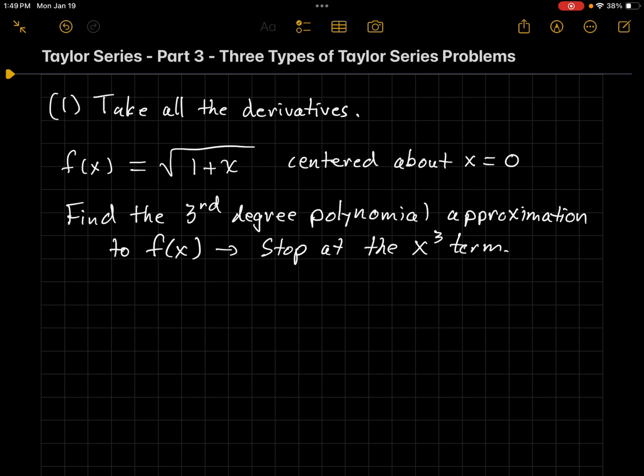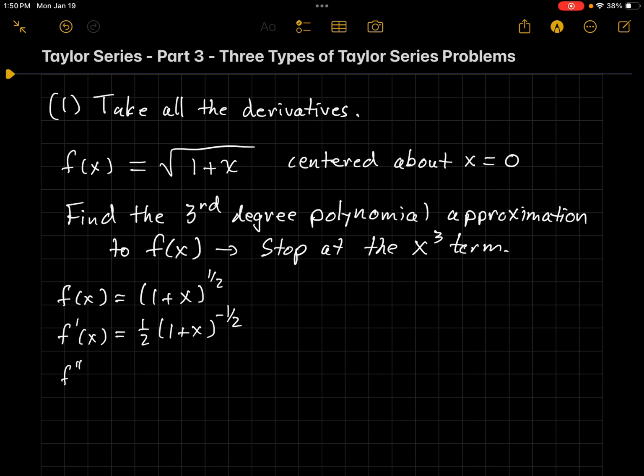So let's take some derivatives. I like to rewrite the function, and I'm going to put it as 1 plus x to the 1/2 power here to help me take derivatives more easily. Let's find f prime of x, doing a power rule. We don't really need the chain rule because the chain rule factor is 1.